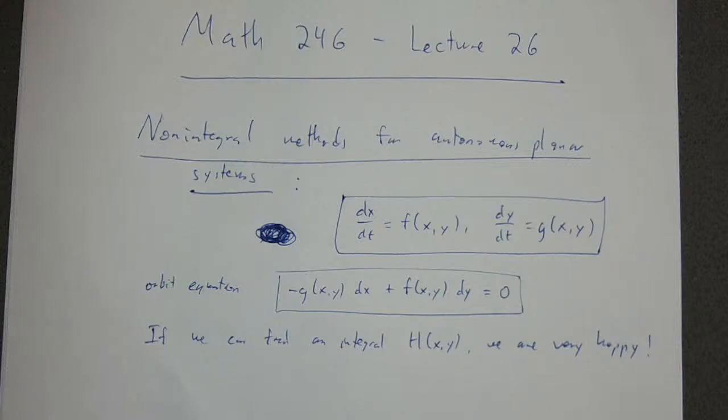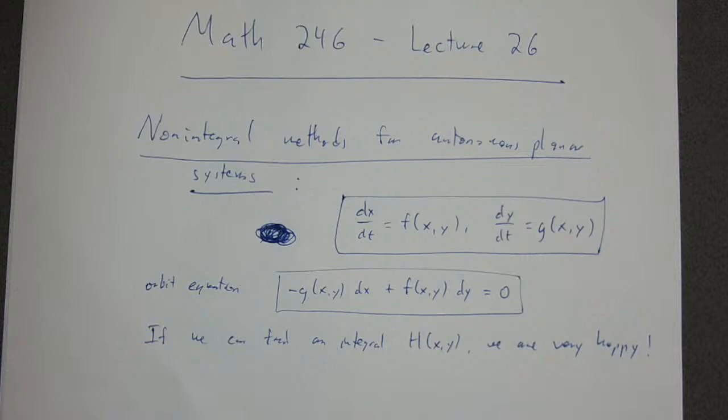If we have the integral in front of us, these level sets of this h are my implicit general solution to the system. And so basically any question that I want to ask about behavior of solutions of the system, I can answer from this integral. So the integral is us solving this autonomous planar system. And so this is obviously nice, and we're very happy if we can do this.